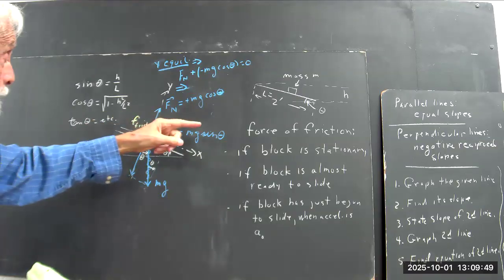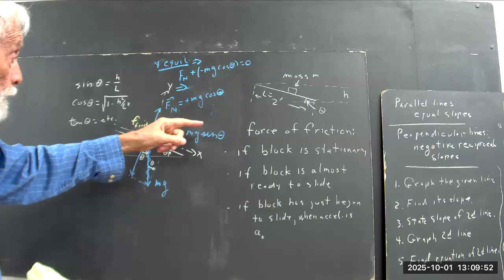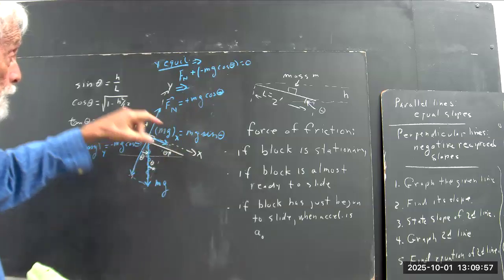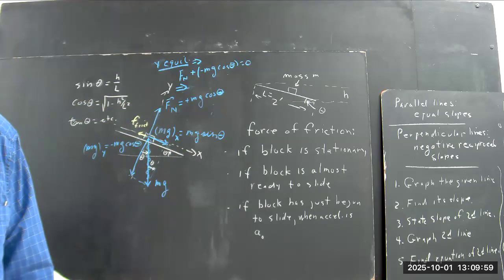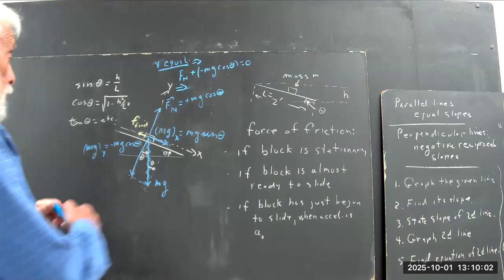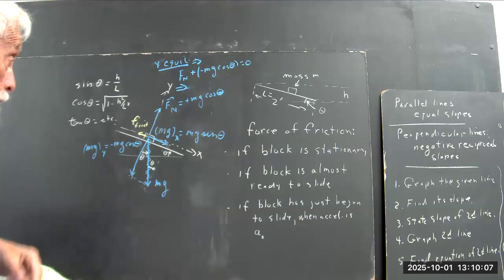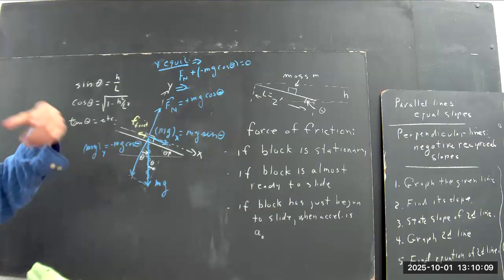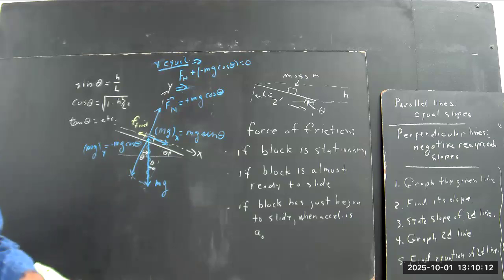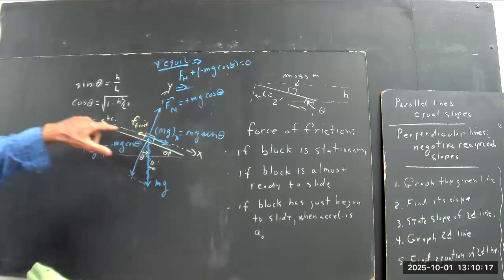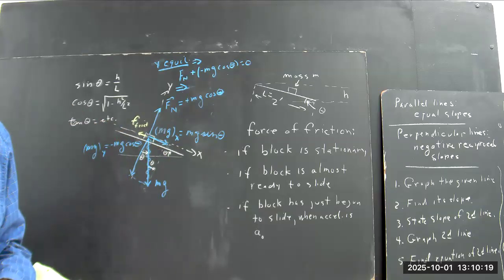So if I'm pushing this way, my vertical component of this force, or my y component of this force, is pushing upwards, so it means there's less normal force. If I'm pushing this way, back to the left horizontally, then my push has a horizontal component, or an x component, which tends to push the block up the ramp, and a y component, which tends to push the block into the ramp.